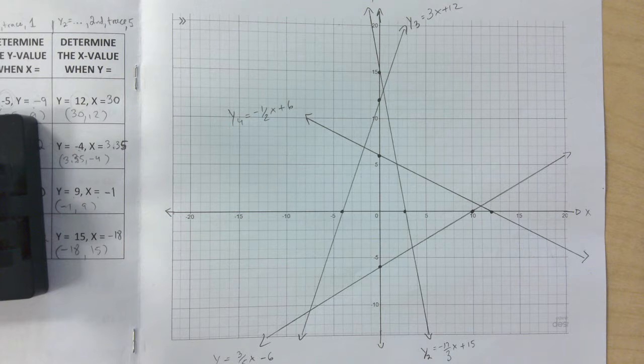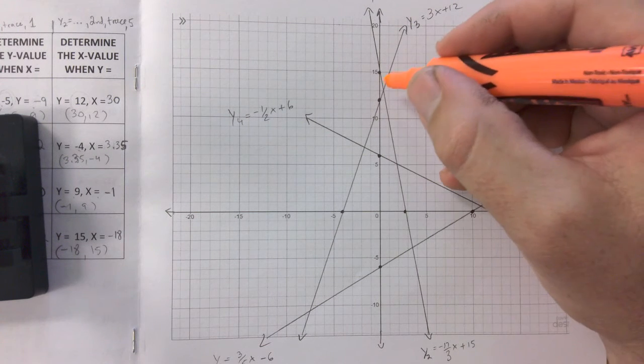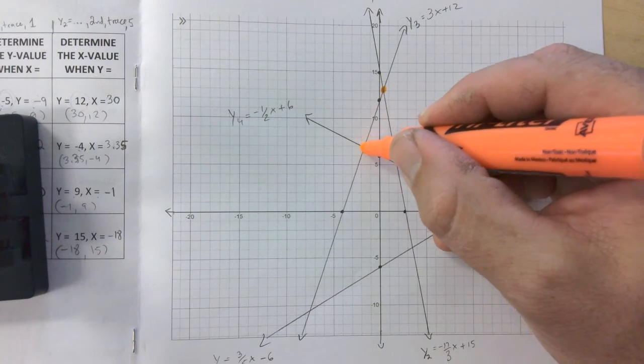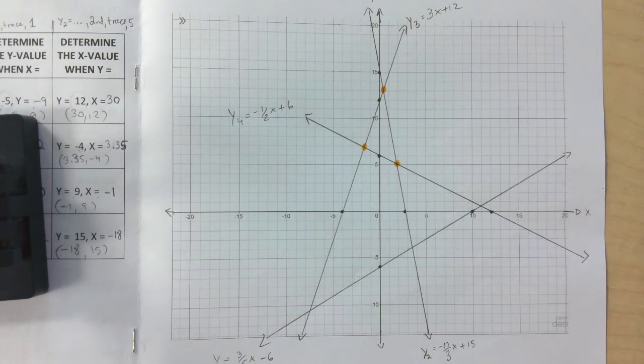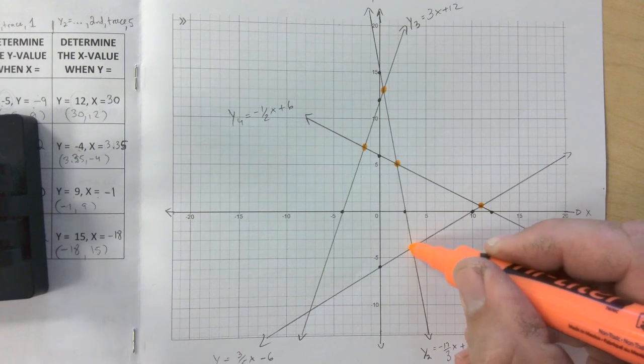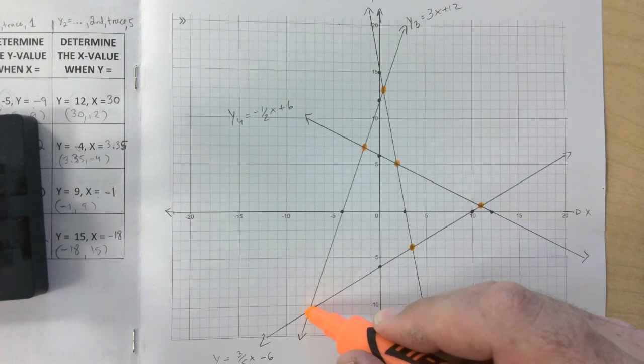What I will do perhaps is mark all the points of intersection. I'm going to mark those with orange. So there's one here. There's one here, here. There's one here. There's one here, here.